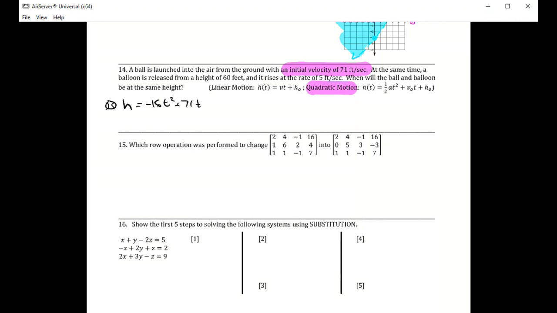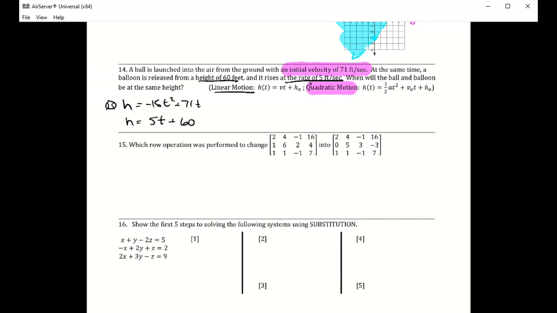Then we have a balloon that's reached from a height of 60 feet and a rate of 5 feet per second. Rate 5 feet per second screams linear motion. So h equals 5t plus, we have this 60 feet at height 0, at time 0, plus 60.